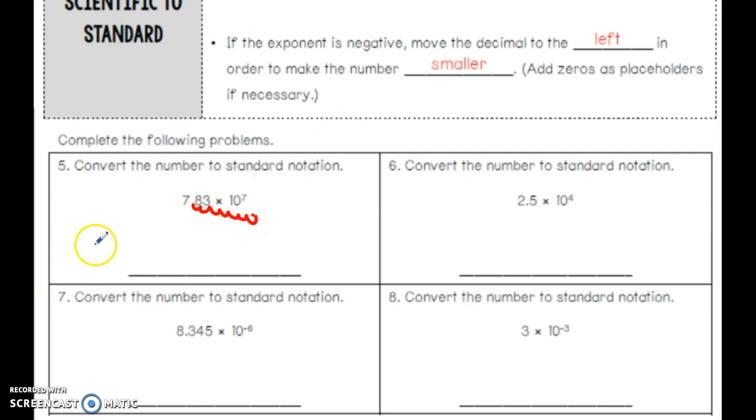So what this looks like is we're going to have 7, 8, 3, and then we're going to have to make sure we have placeholder zeros for those 5 places that we ran out of room with our original decimal. So this would represent 7.83 times 10 to the 7th because we've moved it to the right 7 places.